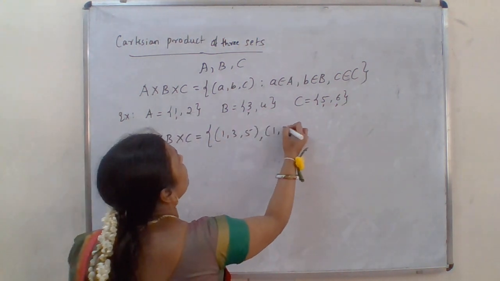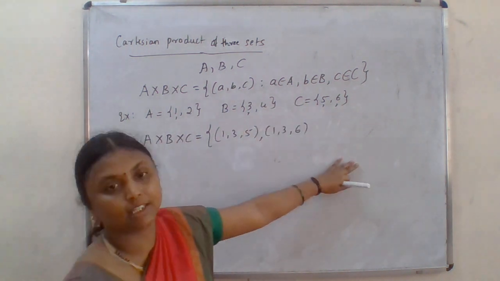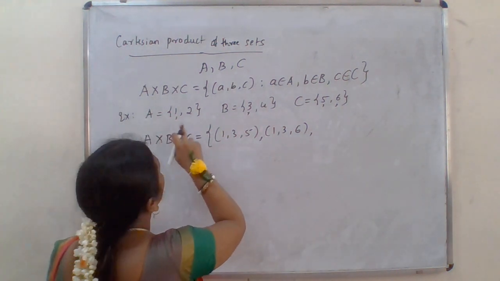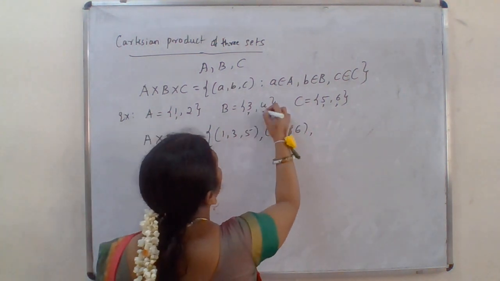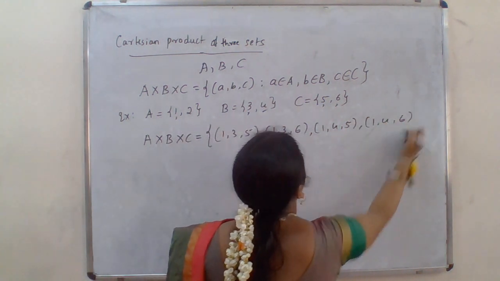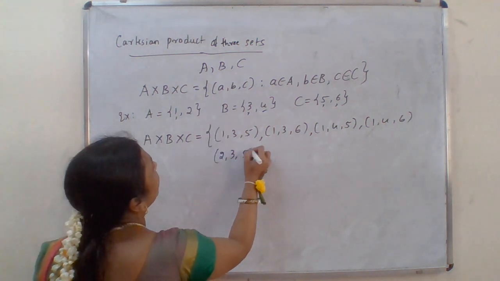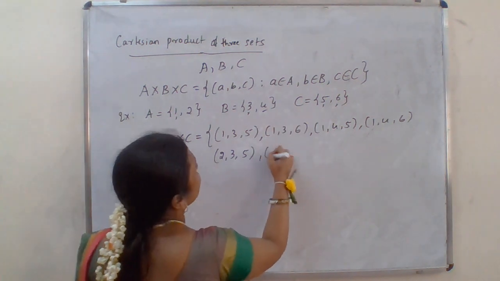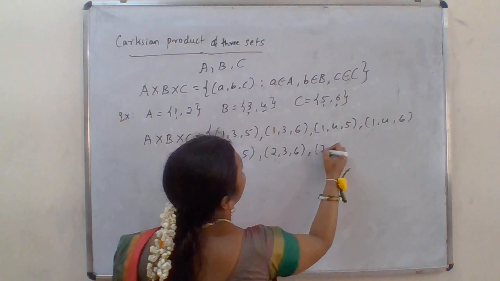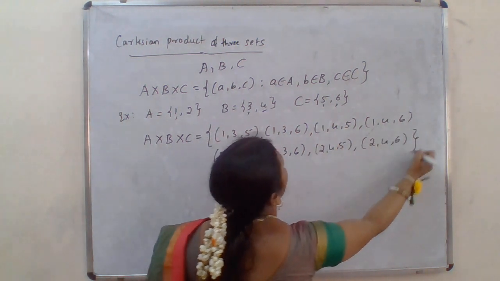Similarly (1, 4, 5) and (1, 4, 6). Next (2, 3, 5), (2, 3, 6), (2, 4, 5), and (2, 4, 6).